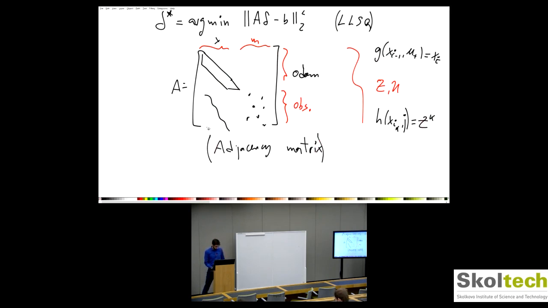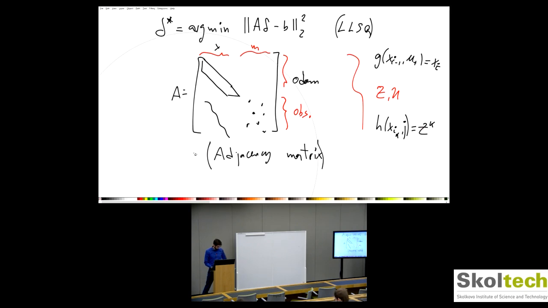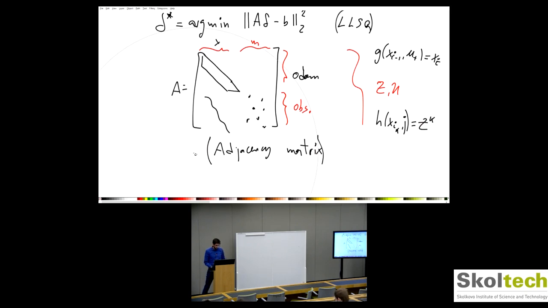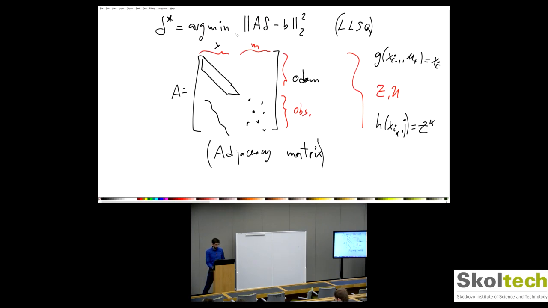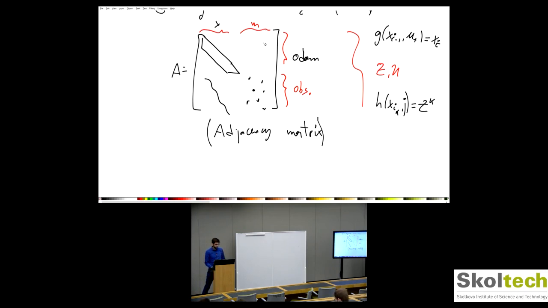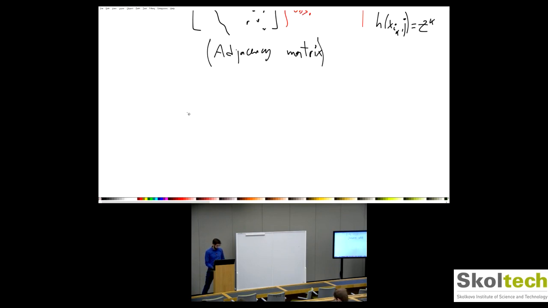Okay, so here we have the adjacency matrix. And after we have this, how can we solve this? Our first guess was, well, we were just doing a derivation. We do the derivation of this cost function, and then the result is that we want the derivative to be zero, so this should hold.